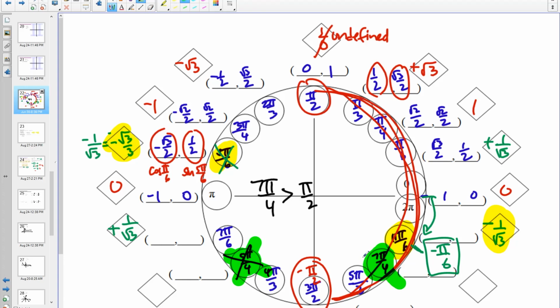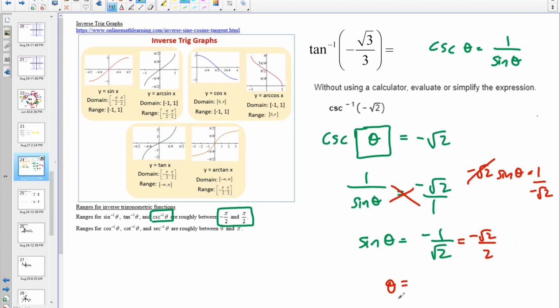So this angle here is going to be negative pi over 4. Okay, because that negative pi over 4 is between negative pi over 2 and pi over 2, and that's where I need it to be. Alright, so the answer is negative pi over 4, and I don't know if you'll get the same question as that, but this right here is the answer.